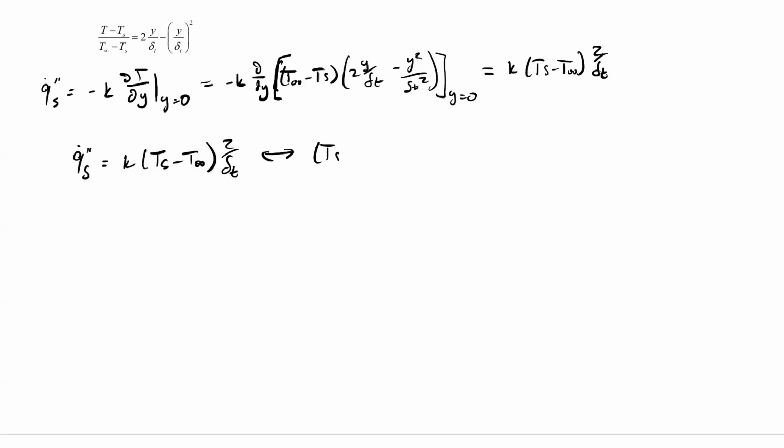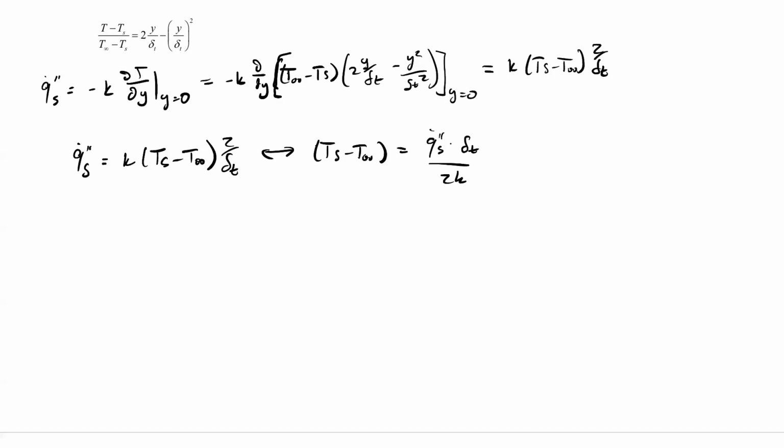We could say Ts minus T infinity is equal to q dot double prime S times delta T divided by 2k. Where did this come from? This came from our assumed temperature distribution and applying Fourier's law, so it has to match the assumed temperature distribution that you use.